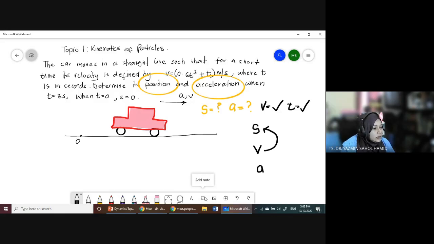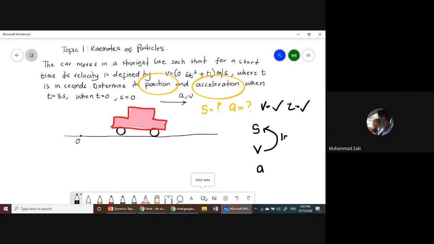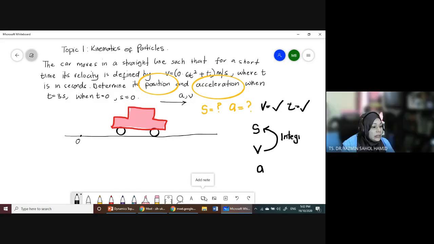If we have the velocity and we want to find the acceleration, we need to integrate or differentiate. Can anyone answer? Integrate. Yes, integrate. If we have the acceleration and we want to find the velocity, we must integrate.